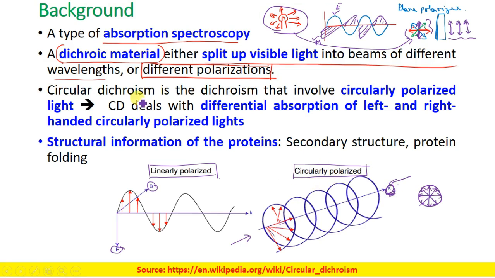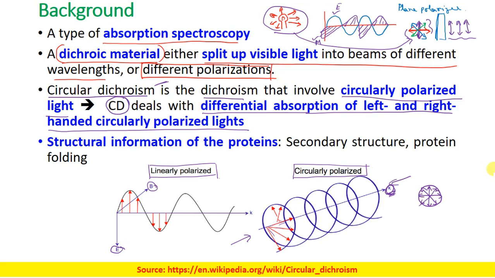Okay, so circular dichroism is the dichroism that involves circularly polarized light. Circular dichroism is in short regarded as CD spectroscopy, and it deals with the differential absorption of left and right handed circularly polarized lights.